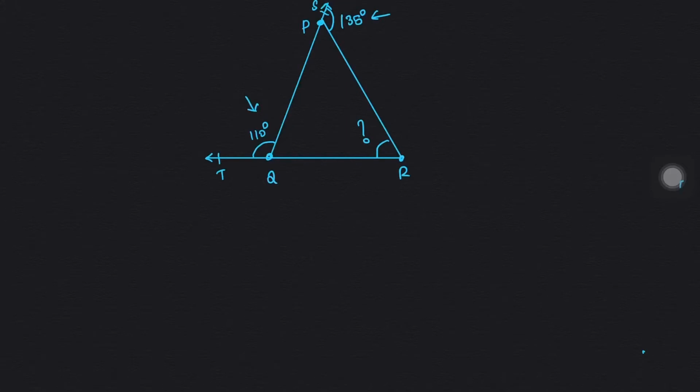So consider this a linear pair. Angle SPR plus angle RPQ is equal to 180 degrees. The reason is linear pair.